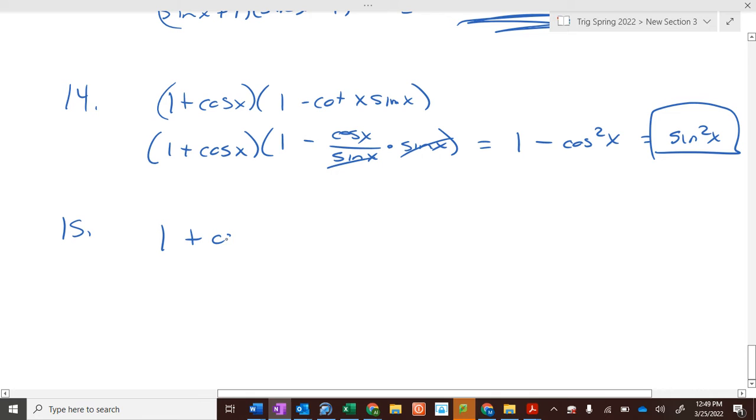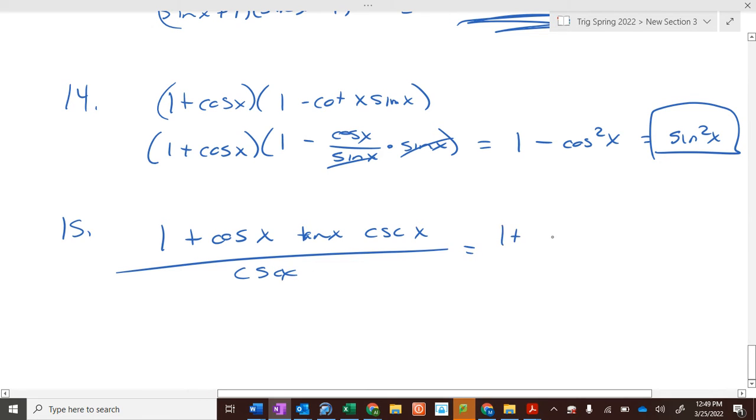1 plus cosine of x tangent of x cosecant of x all over cosecant of x. What's cosine change into? Nothing. It stays as cosine. What's tangent change into? Sine of x over cosine of x. What does cosecant change into? 1 over sine of x over 1 over sine of x.